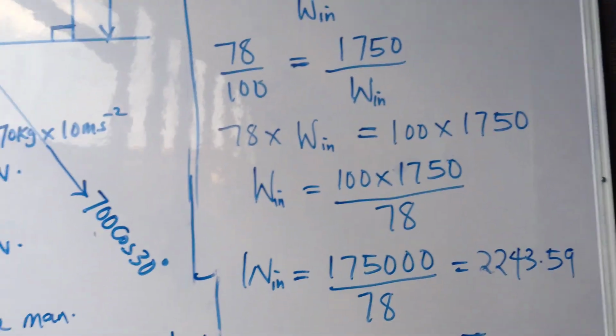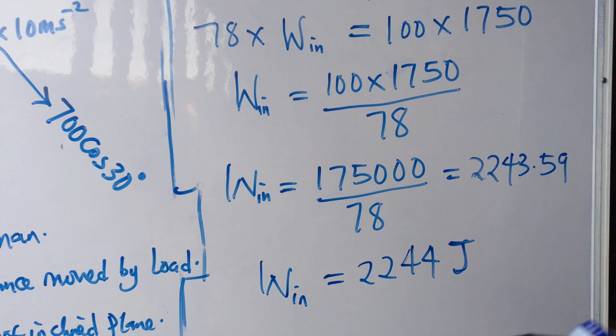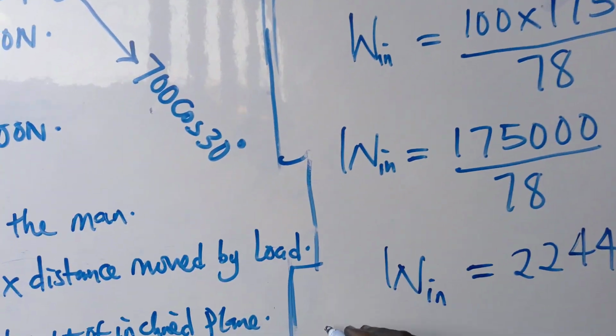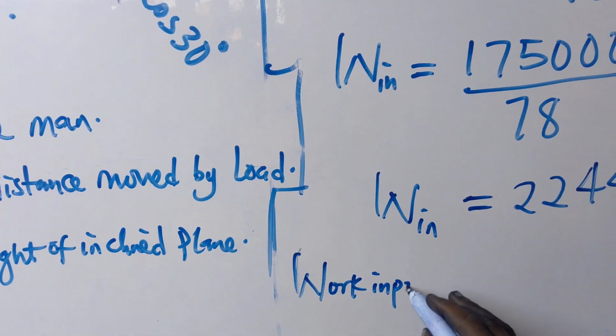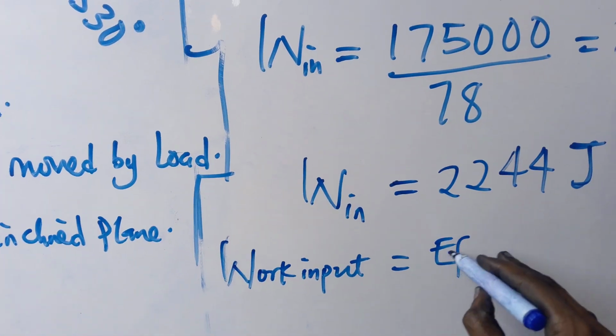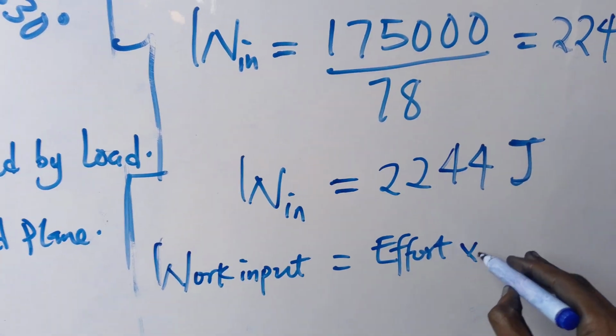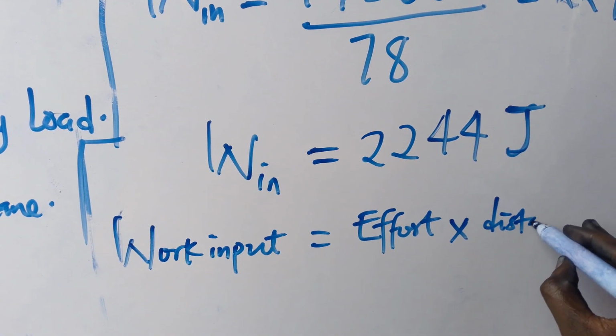Now we have gotten the work input as this. There is another method of finding the work input. The work input is equal to effort times the distance moved by effort.